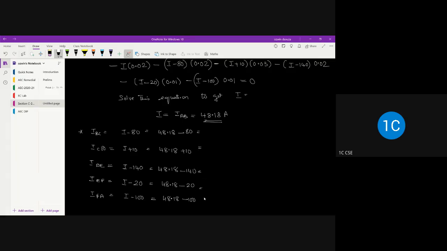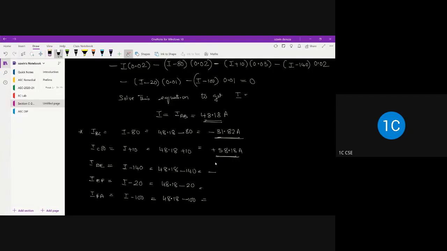Okay. So let me start writing the current values. 48 minus 80, that's negative 31.82. 58.18, positive, yeah, 58.18.